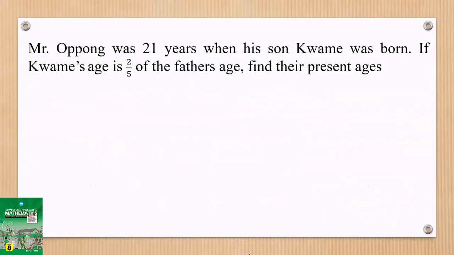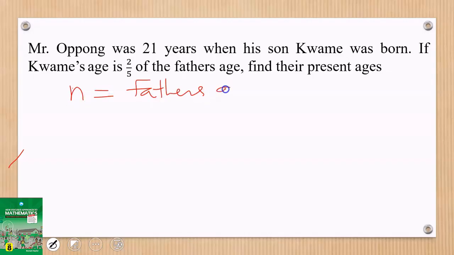Now, with this question, we have Mr. Pong being 21 years when his son Kwame was born, and if Kwame's age is 2/5 of the father's age, find their present ages. Their present ages we don't know, so we can let n be the father's age.